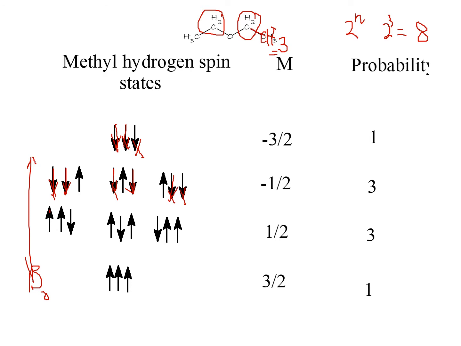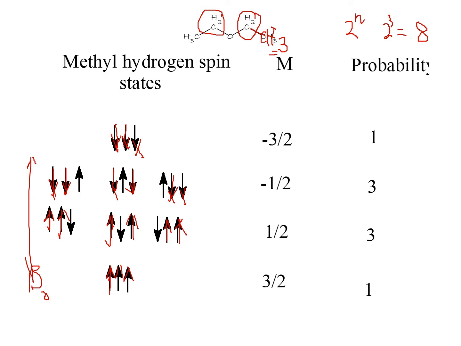Now, two with one against, two with one against, and thus the probability will be 3 with.